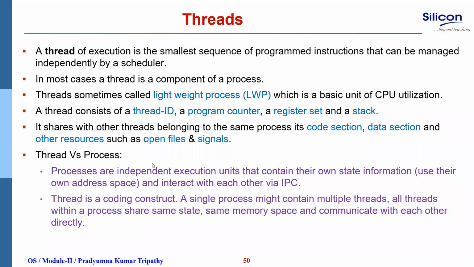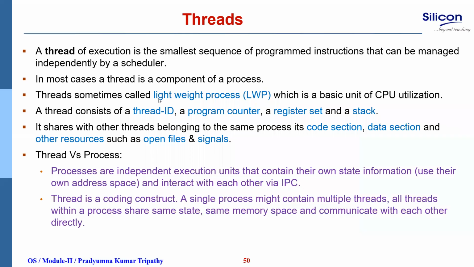What actually is a thread? If you mark while working in MS Word in particular, when you go on typing and you have some grammatical error or typo error, you see a small red mark or a green mark, the text is underlined with red or green marks. This is because when a particular process like MS Word is running, MS Word is a process.